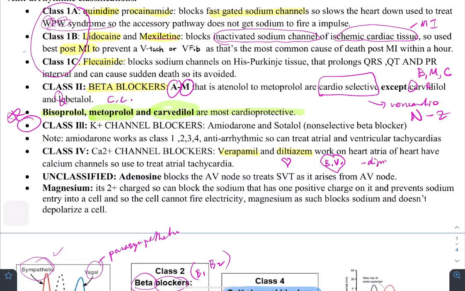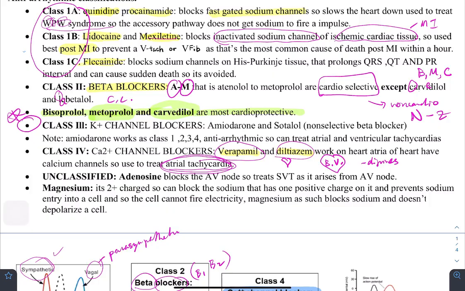The dipine drugs, like amlodipine, are used mostly for blood vessel conditions relating to the heart. So for anti-arrhythmia, we tend to use verapamil and diltiazem. And they are used to treat atrial tachycardia or fast heartbeat due to conditions from the atrium. Calcium channel blockers are your class 4, which is the last class.